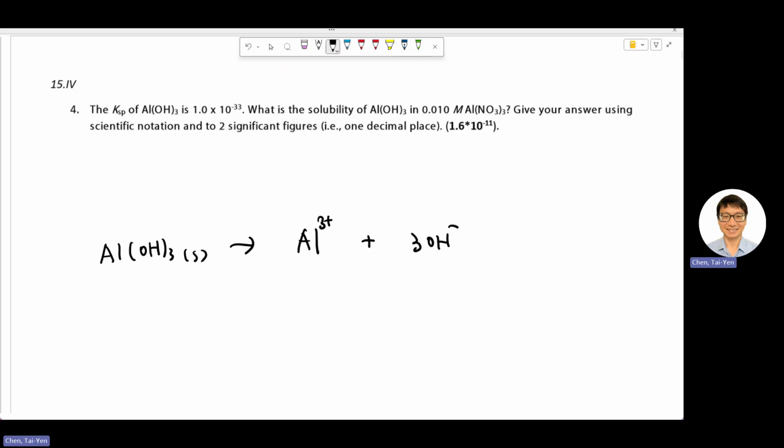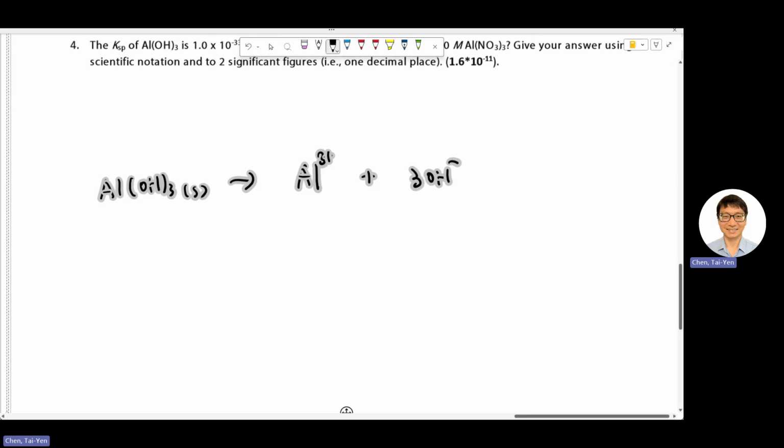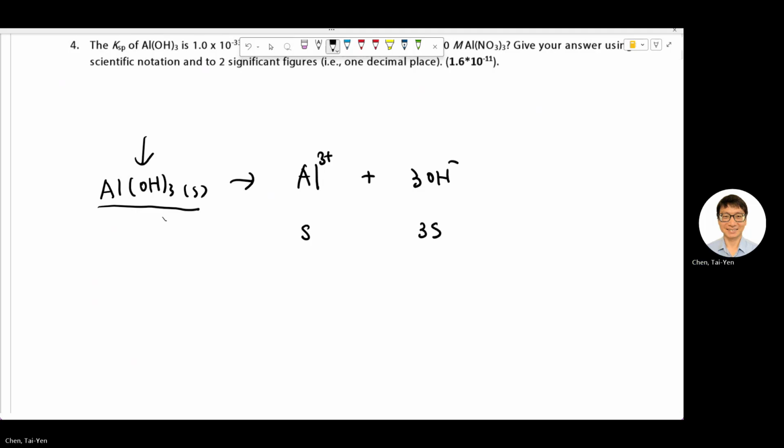And then when we talk about the solubility, the solubility is actually the solubility of this guy, and once you have the things dissolved, that's the eventual concentration you're going to have for your Al3+ and OH-. For the Al3+, the solubility concentration is S. Then the concentration for your OH- will be 3S. Does everybody know why I write 3S over there?